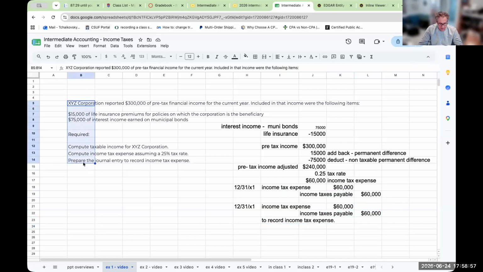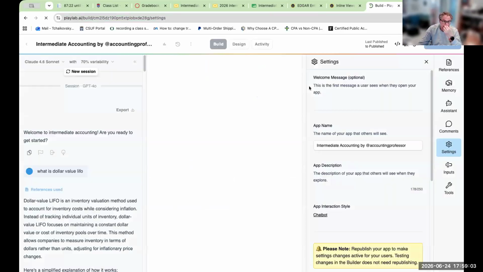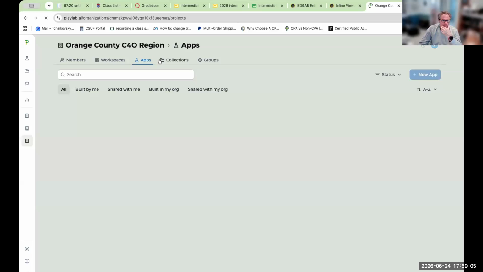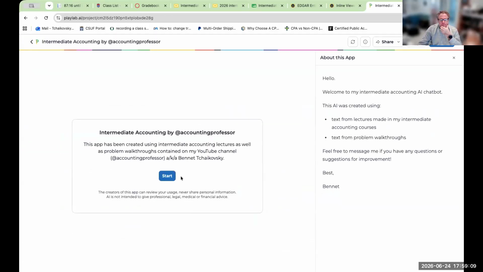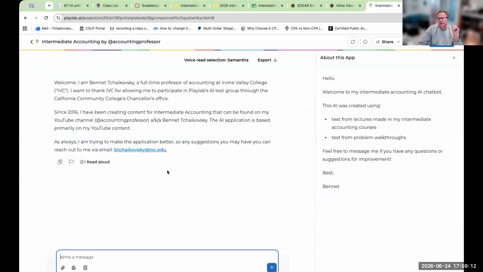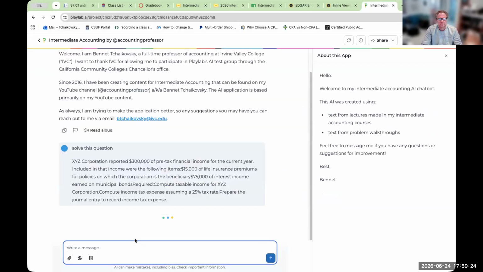One other thing I want to do to see if we're correct is go to my artificial intelligence application. This is something that, through our California community colleges, they give us to play around with, hence Play Lab. So: solve this question, and let's see what it says.